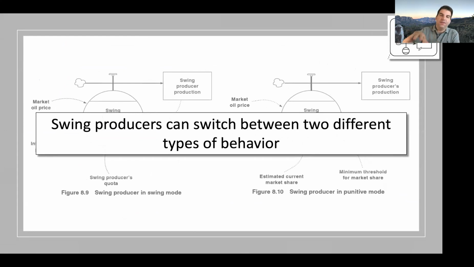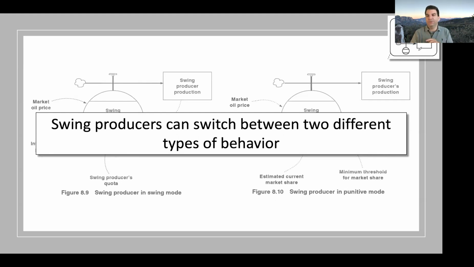If it wasn't for the other members that had a big enough market share to be interesting, but not big enough to be the swing producer, the swing producer would effectively be a monopolist. They would just control everything. But because there are the others that joined OPEC that have enough market share that they prevent the swing producer from taking complete control over the world oil market, then we have to worry about them too. But the swing producer is kind of like the monopolist of the group.